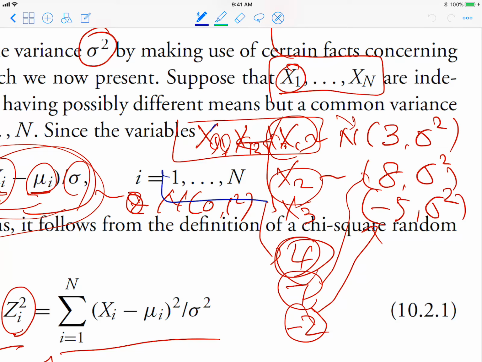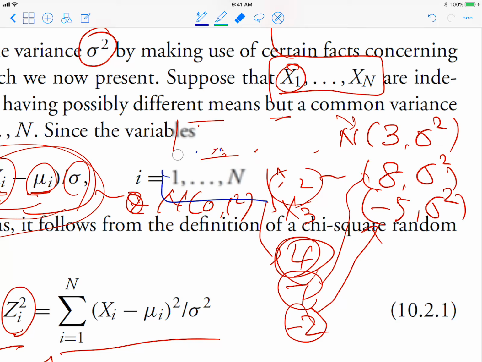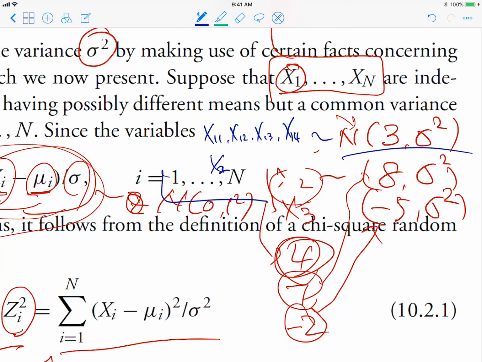So x11, let me just clean it up. This x11, x12, x13, x14 all follow this distribution. And then, it is tedious, but x21, x22, x24 follow this distribution.